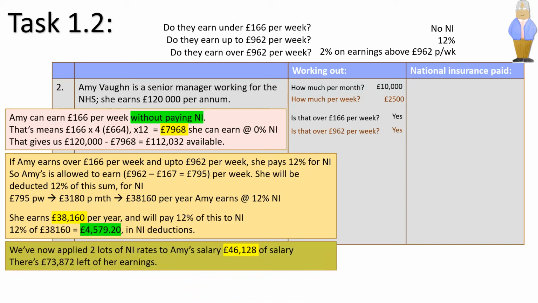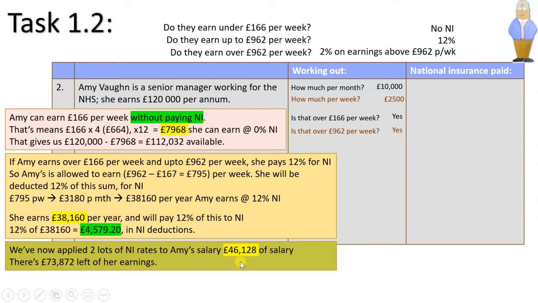As you can see on the green post-it note, we've now applied 2 lots of national insurance rate to Amy's salary. The 7968, slice 1, and for the middle slice, her 12% bill was £4,579.20. That was on that middle slice of earnings.